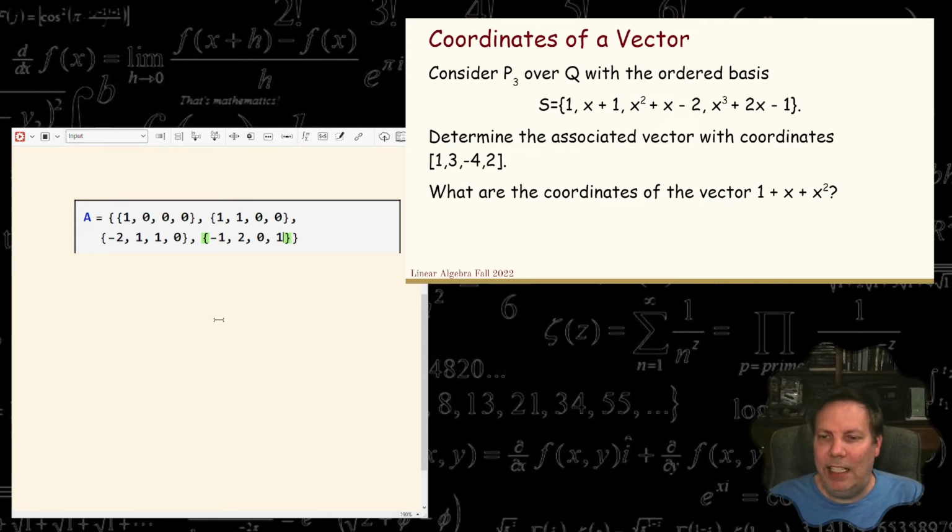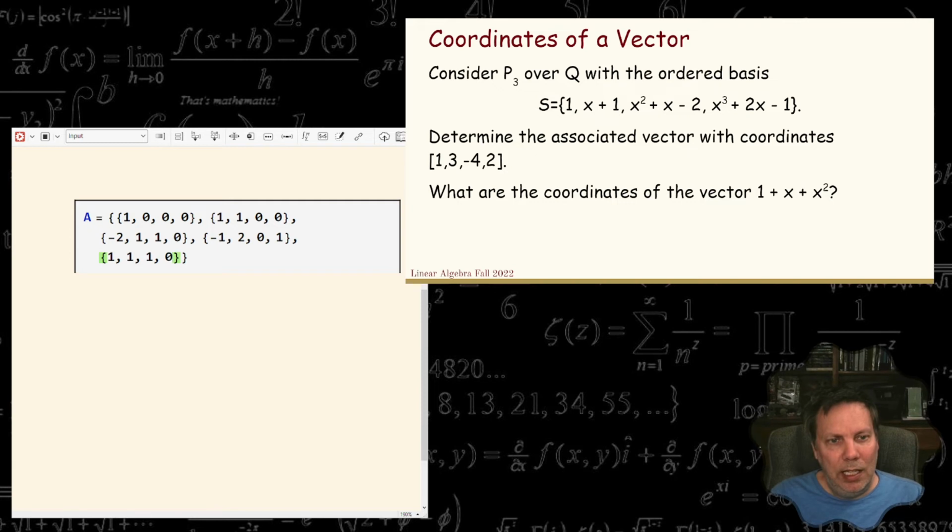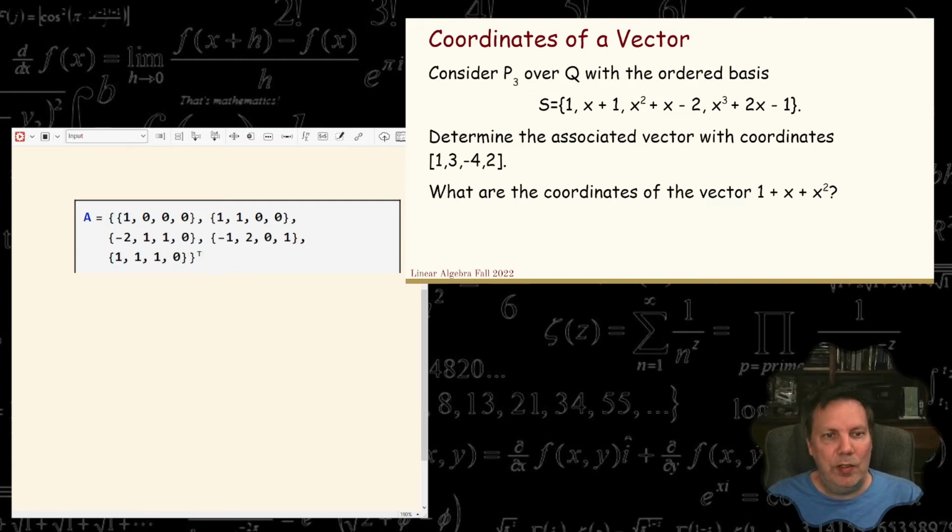Now the idea here is I want to figure out the coordinates of this vector over here. So how do I actually put this in here? Well, one thing I can do is just tack this on the end here: 1, 1, 1, 0. And then I want to take a transpose of this whole thing.